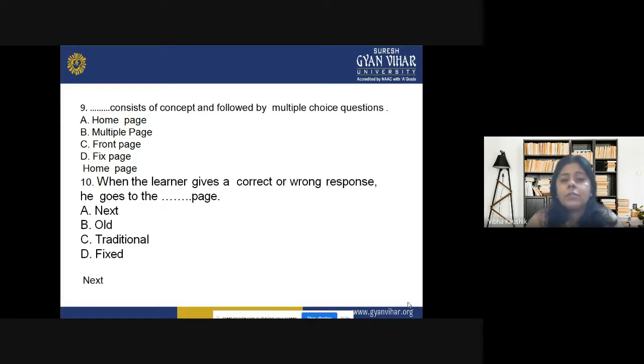And after that concept, that subject matter or the topic being shared by the programmer, it is followed by multiple choice questions where a question will be there, and that question will consist of some choices.